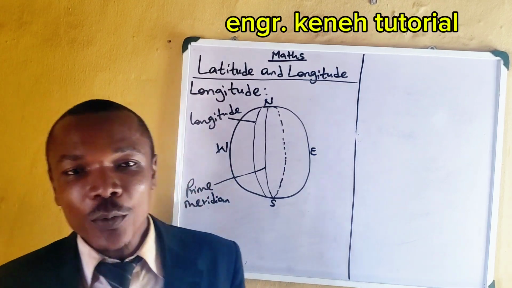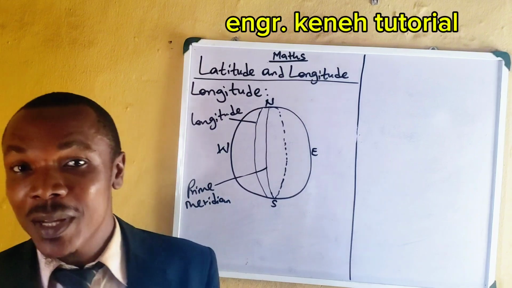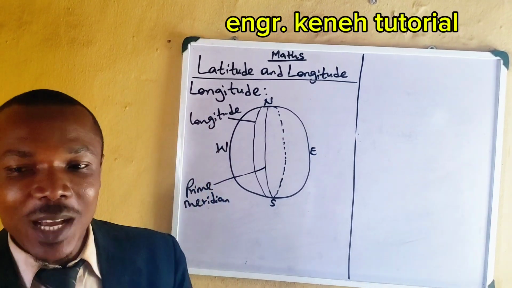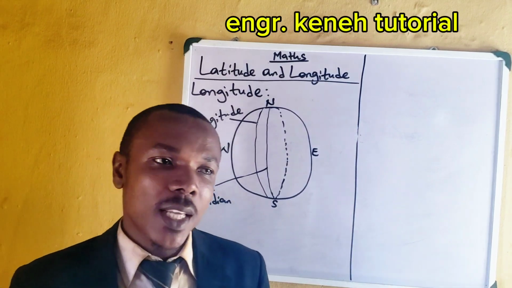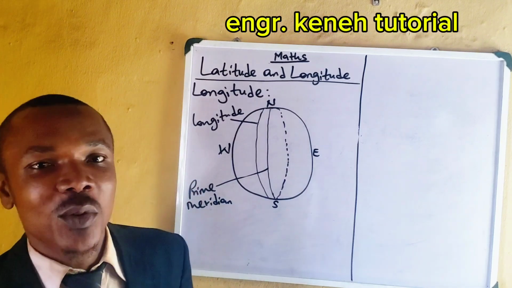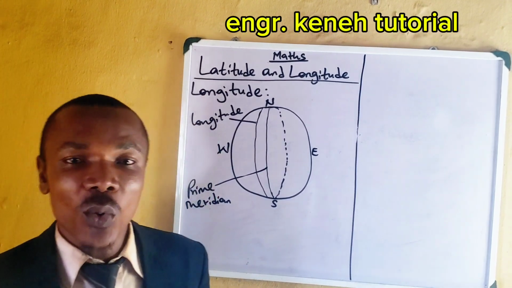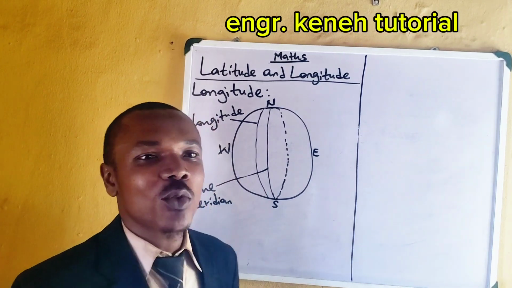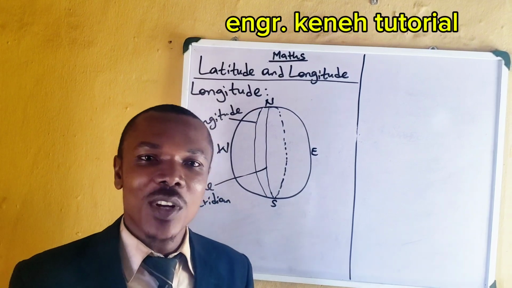For example, if the person knows a particular church or mosque or school very close to that place that you want to direct him, you ask him, do you know, let's say, Central School? The person will say yes. Is it clear? Automatically that Central School will now become the reference point. You will now say, when you get to that Central School, follow left, follow right, right of that Central School.